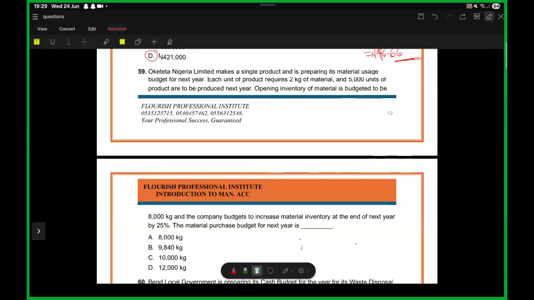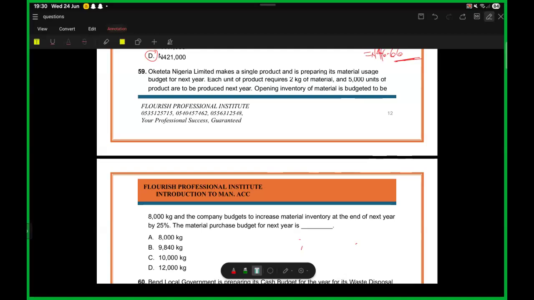Someone should read 59. Oketeka Nigeria Limited makes a single product and is preparing its material usage budget for the next year. Each unit of product requires 2 kg of material and 5,000 units of product are to be produced next year.